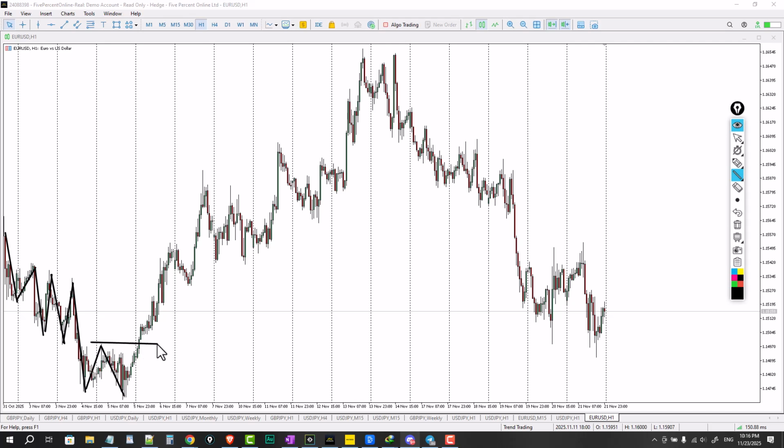But eventually price couldn't continue forming lower lows and lower highs, and it broke above this resistance area.